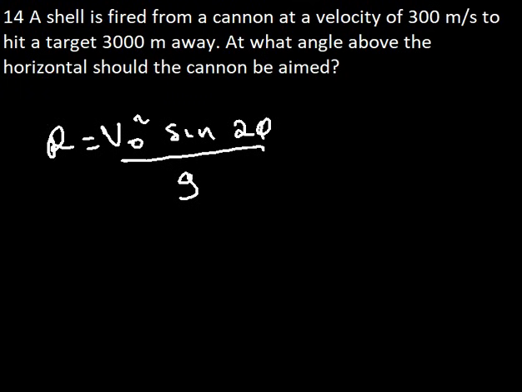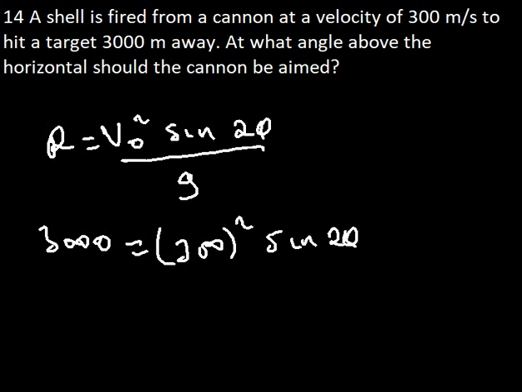That is the formula for range. So we have the range given as 3,000, the initial velocity 300 to the power 2, sin 2 theta, divided by g. Let's have the typical calculations there.